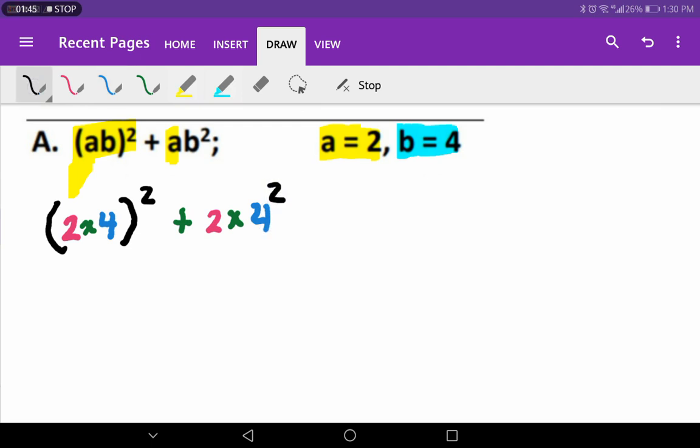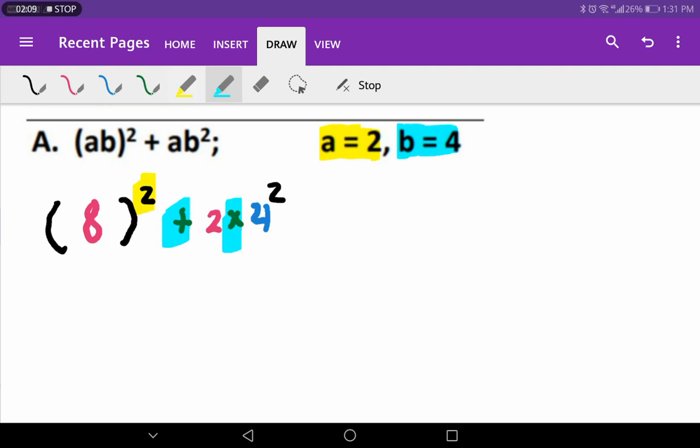How do we do this? As order of operation, what is inside the parentheses? Yes, great. 2 multiply 4 equal 8. As the order of operation, my dear student, the power is before plus and multiplication.